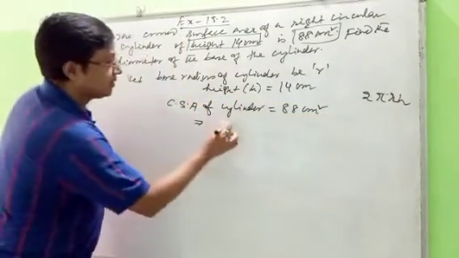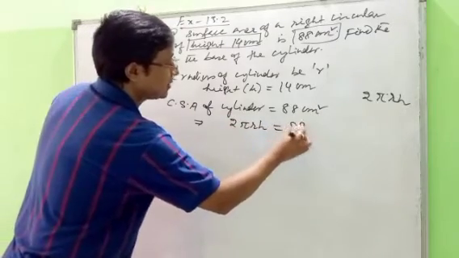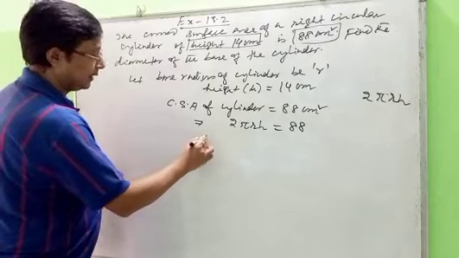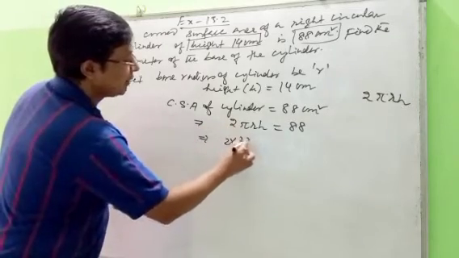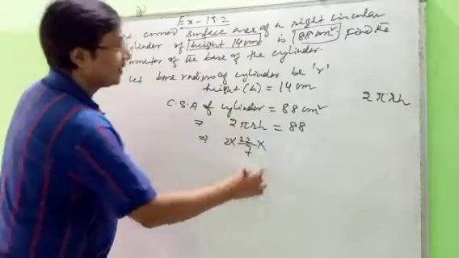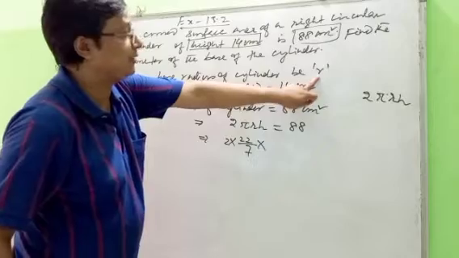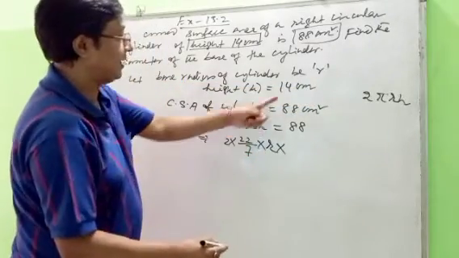So here you will write 2 pi r h equals 88. Pi is 22 by 7, the radius they have not given, so let it be r, and h is given as 14.